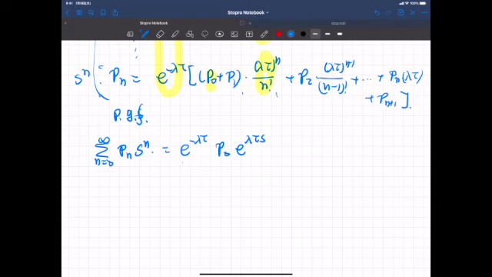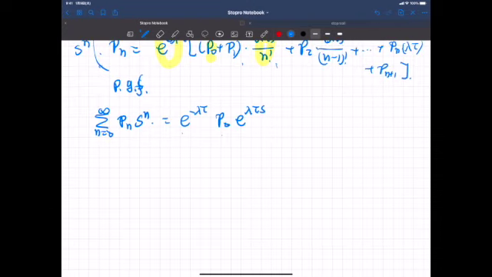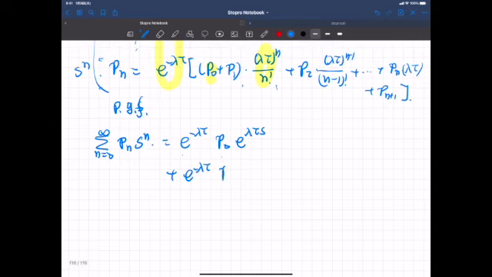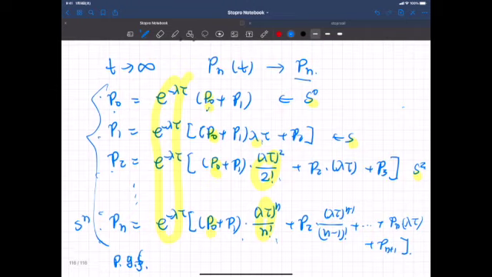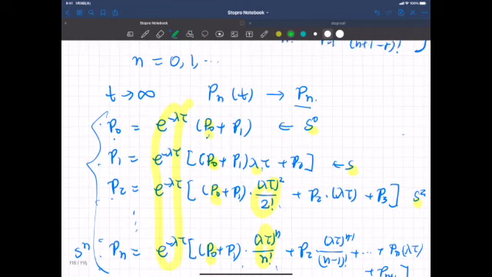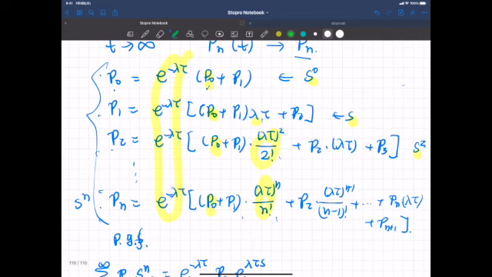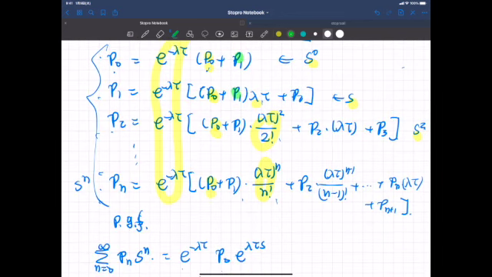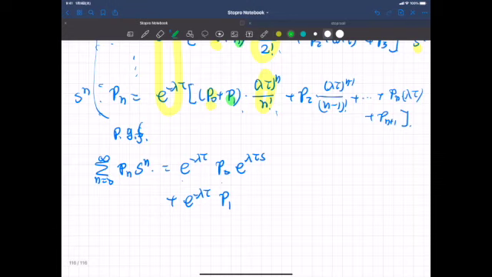We can combine these two, but let's look at the next term, involving P1. There's one P1 here, and P1 and P1 and so on. It's the same as P0, so we should have the same result here.